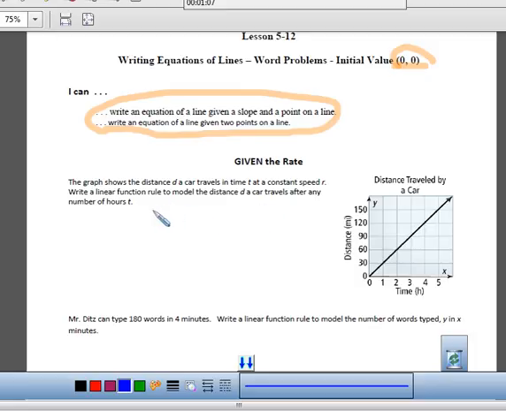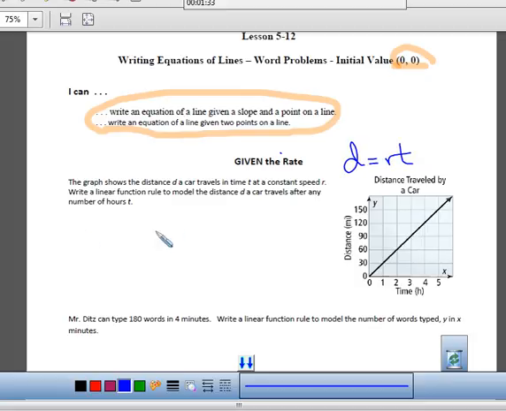Now, if any of you are not aware, there is something known as the distance formula, and the distance formula is d equals rt. d stands for distance, t stands for time, and r is the speed, or the rate. So what we need to answer this question is the rate.